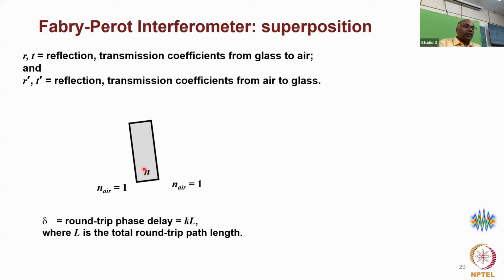Then we have three regions here. First, a region of air on one side of the glass, then the glass, and second, another region of air. We will now set the refractive index of air for this discussion to be just one, unity, on either side. In reality, the refractive index of air is just a little bit bigger than one. Ideally, the refractive index of vacuum is unity. Even air has a small difference from vacuum.